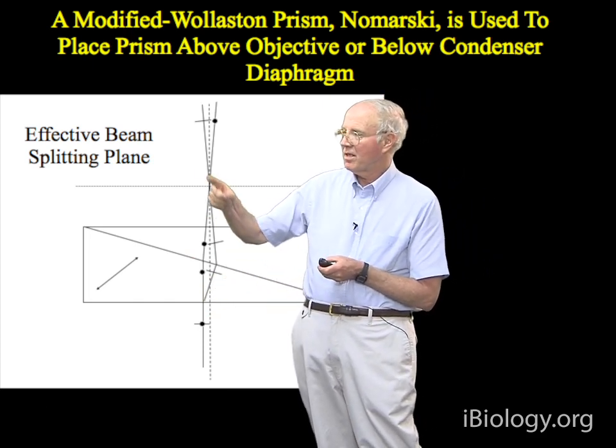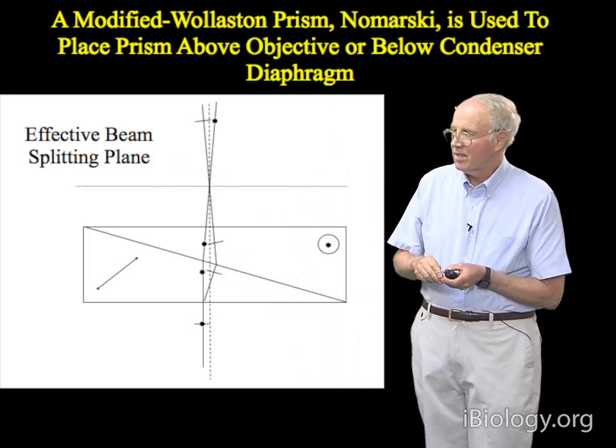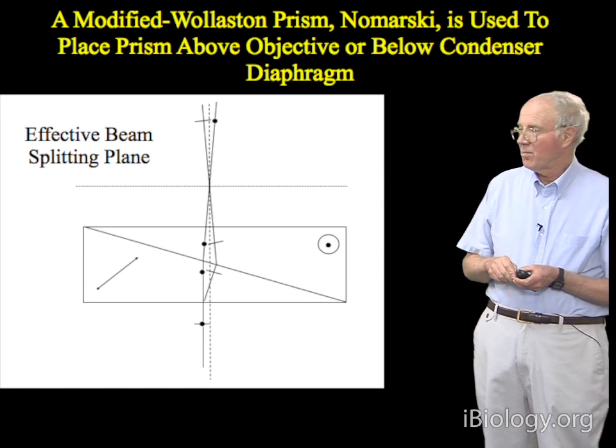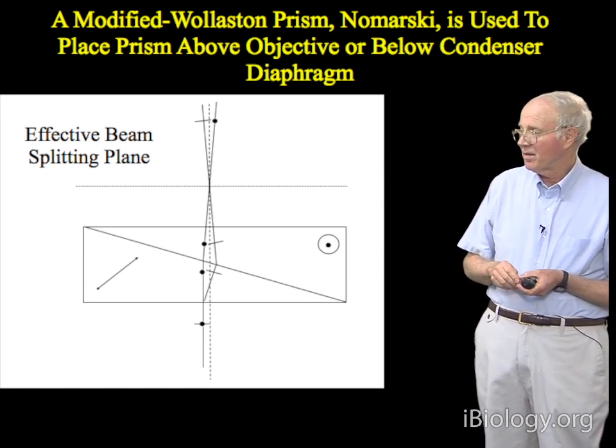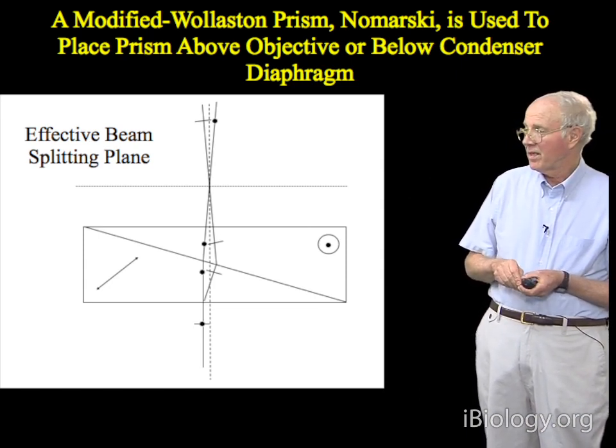And then the same thing was done on the condenser side, so you didn't necessarily have to have the prism right exactly at the front focal plane of the condenser.